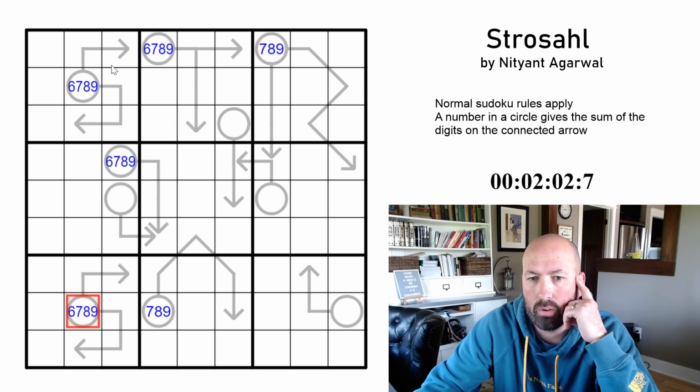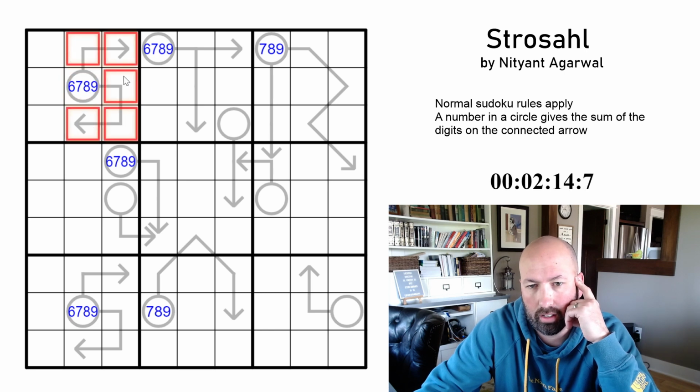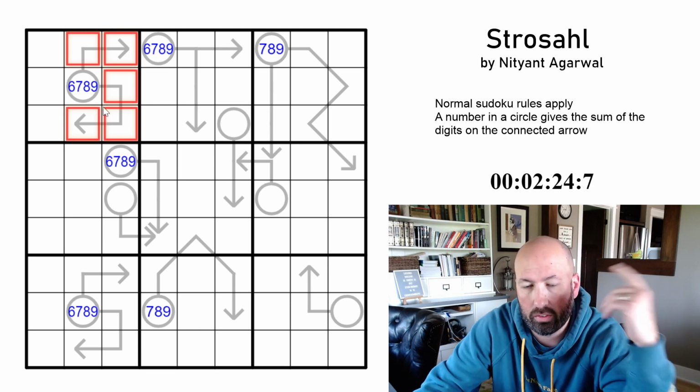Okay, now I'm going to look maybe at this one or this one, these ones where you have multiple things you have to do. So this one, it's got a set of 3 and a set of 2, and all 5 of those have to be different. So the minimum for 5 cells, 1, 2, 3, 4, 5, is 15.